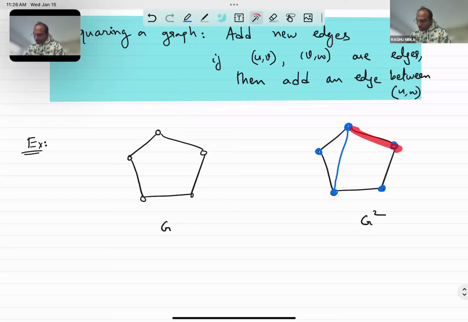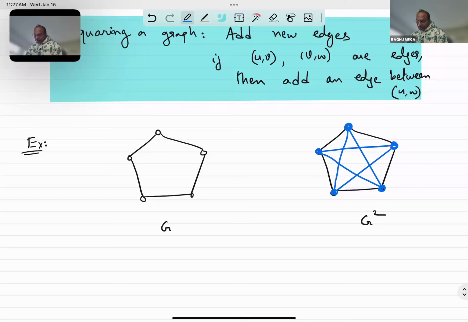I have a path of length 2 here, so I connect this. And again here, here. So I went from the pentagon to this star. This is the new graph G squared.